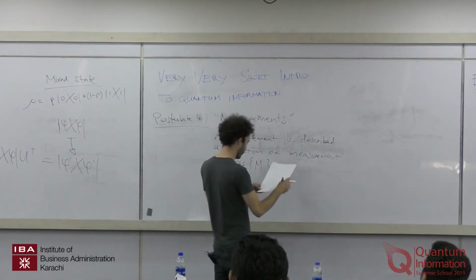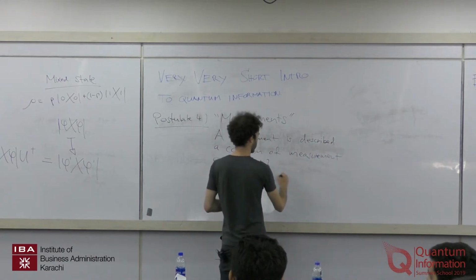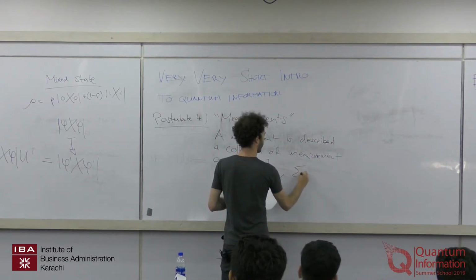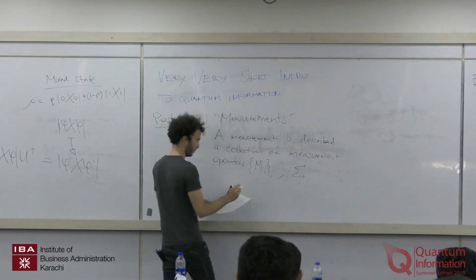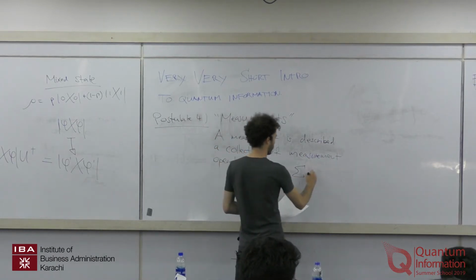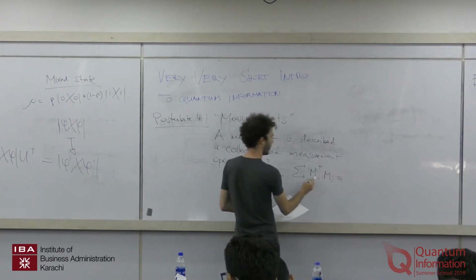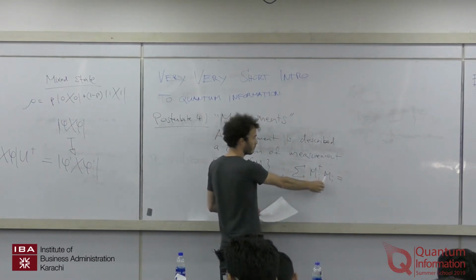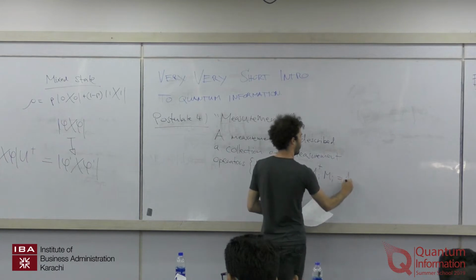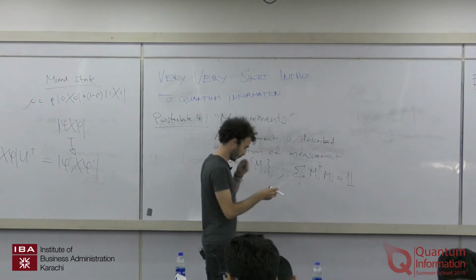And they have to satisfy the condition that if we sum over all elements in this set, and take the dagger, the complex conjugate transpose, times the matrix, we get the identity. Okay.